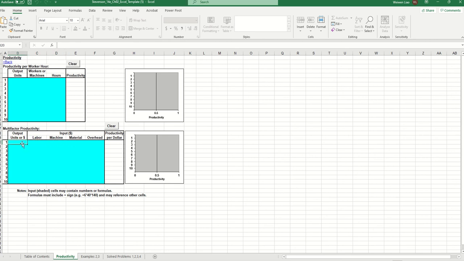For example, if your output is 60 units and each unit is $30 of market value, your output in dollar value will be $30 times 60 units. So 1,800 is your output in dollar value.